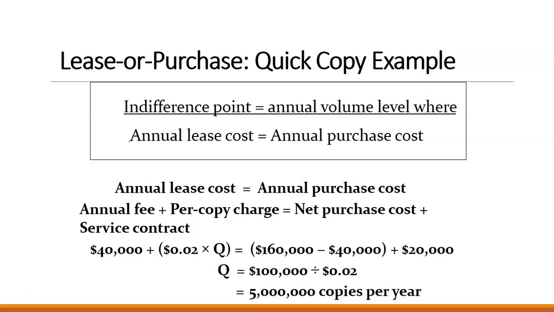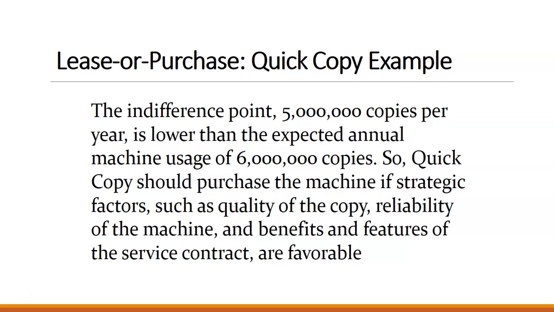What that indifference point tells us is that at 5 million copies per year, the lease and the purchase have the exact same value. It's lower than our expected annual machine usage, so we should purchase the machine if strategic factors such as quality of copy, reliability of the machine, and benefits and features of the service contract are favorable.